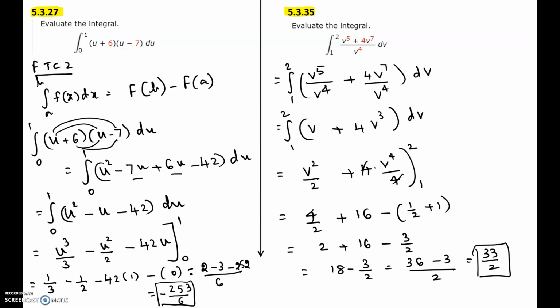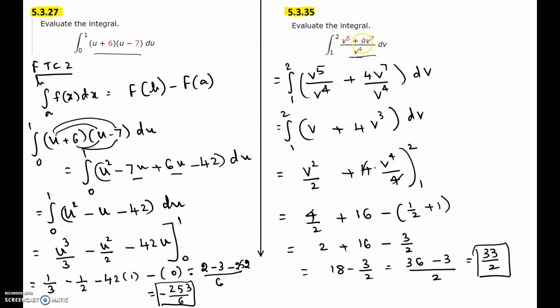Hope this video helps. One more thing here, you notice that this is a product of two functions and this is a quotient of two functions. When you do the product, we don't have a rule like that. The integral of the product is not the product of the integrals.